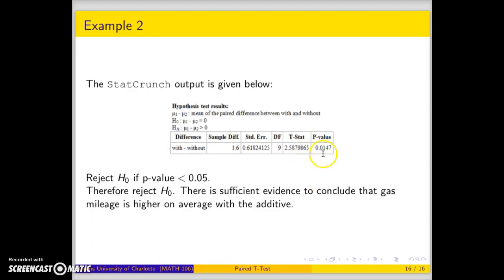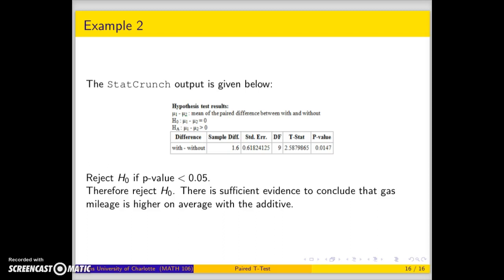The p-value is 0.0147, and we have to state a rejection rule, like always. Reject H0 if the p-value is less than 0.05, that's our alpha level. So our p-value is less than 0.05, therefore we reject H0, and there's sufficient evidence that gas mileage is higher with the additive. So that's it.